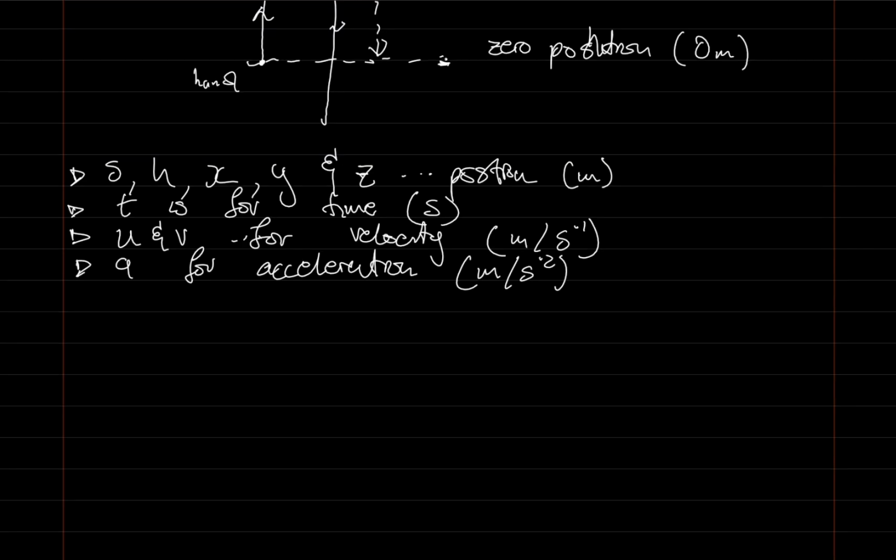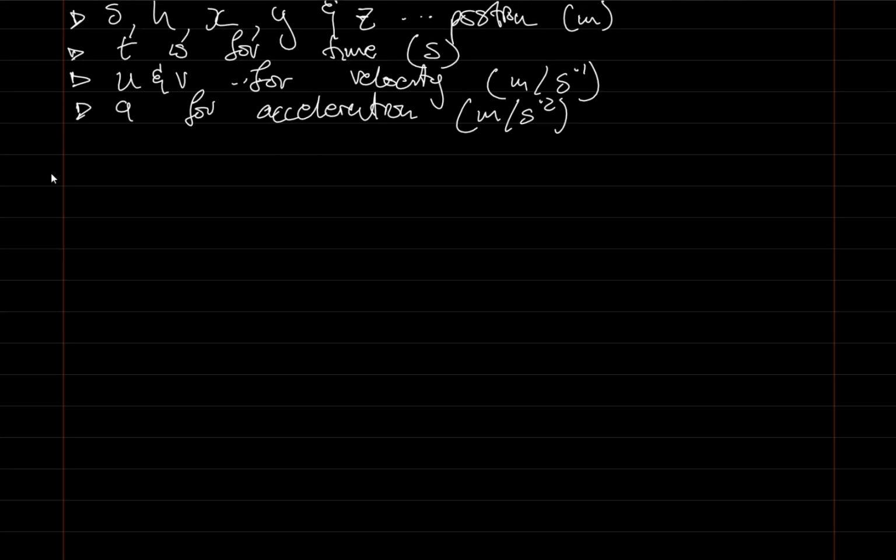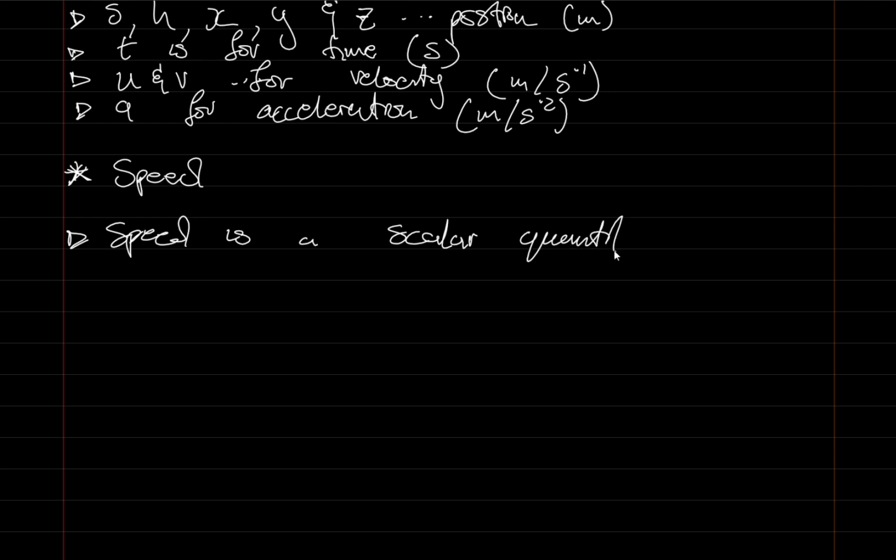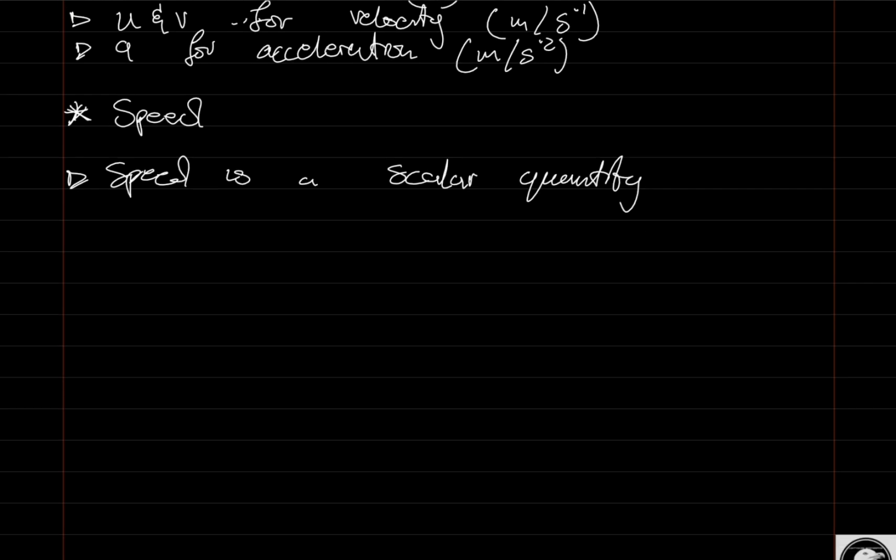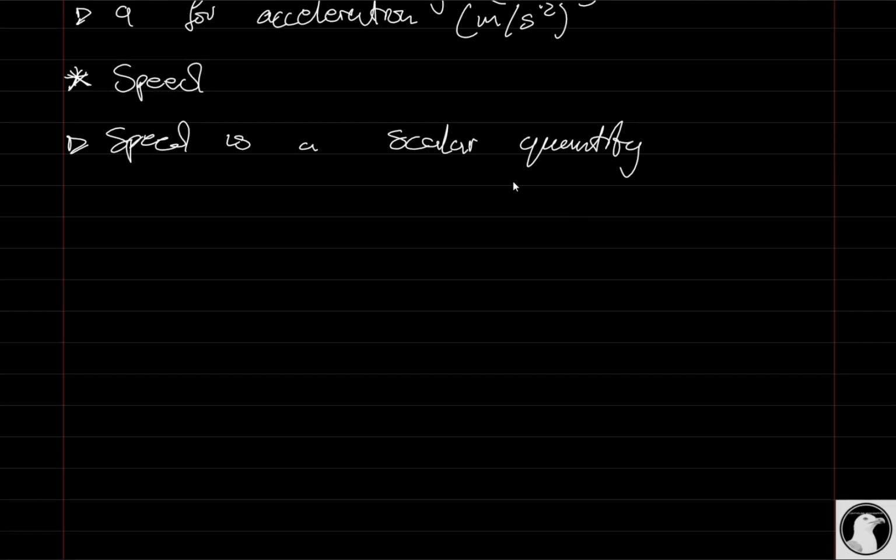Okay, now we get to speed. So what is speed? Speed is also a scalar quantity. So we can't use it, well, we can, but it's not really practical in most cases.